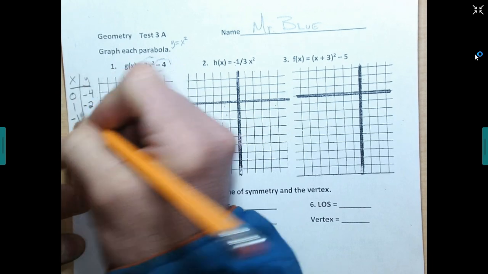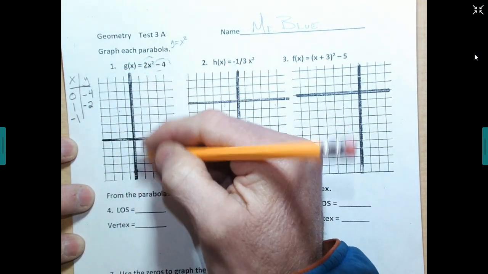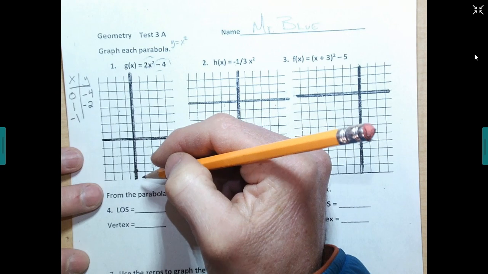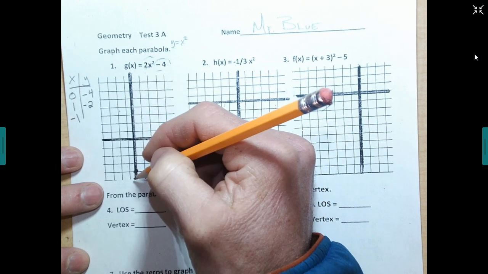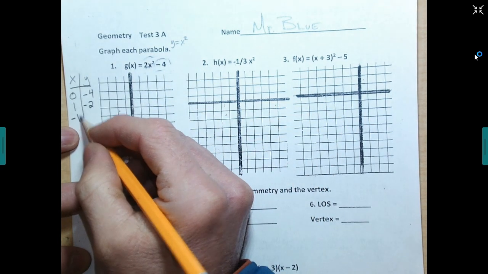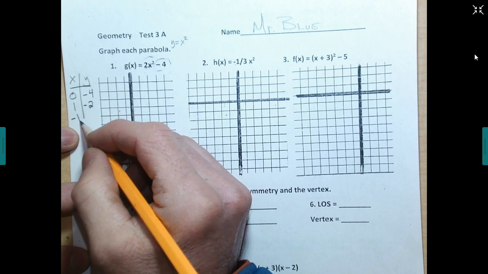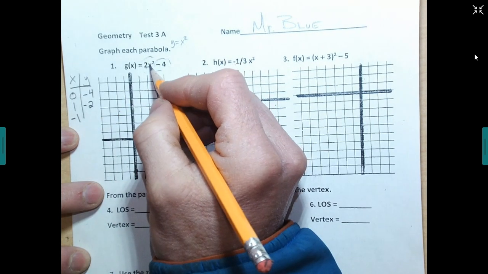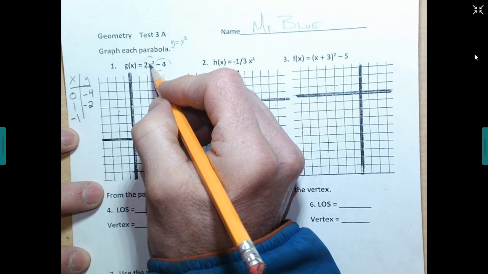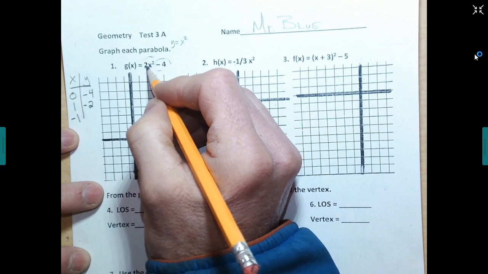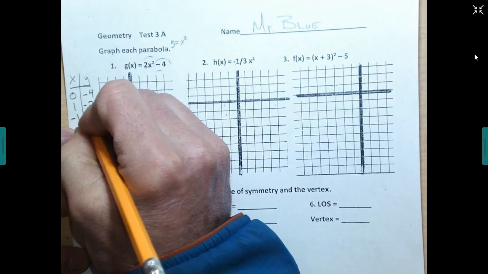And then, since this is my axis of symmetry, or my line of symmetry, I'm going to go with a -1, and chances are I'm going to get a -2. But let's check. -1 times -1 is +1. +1 times 2 is 2. 2 minus 4 is -2. Perfect.